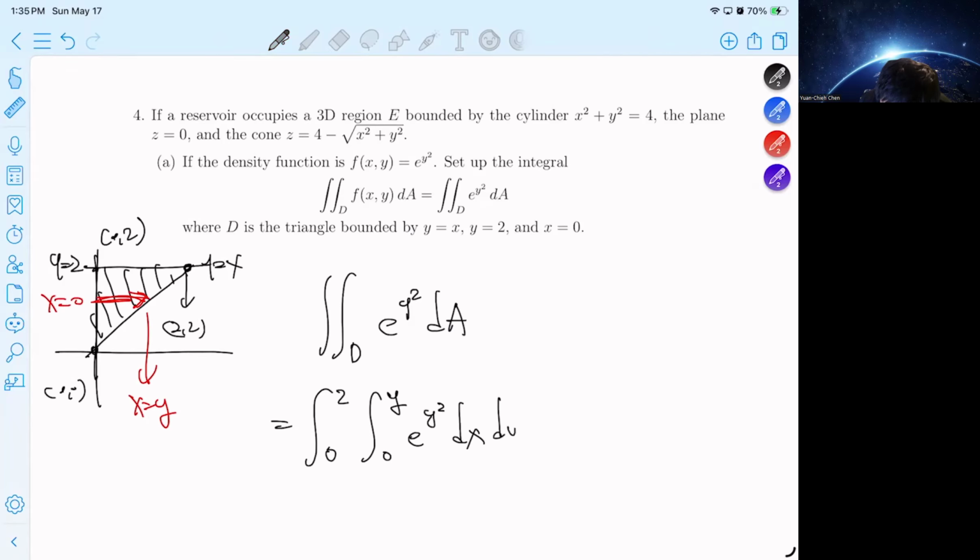So this is the setup, but the actual calculation is easy since this will just be the integral from 0 to 2 of y e to the y squared dy, and we can easily do u sub here. So u equals y squared and so on. Then you can calculate the integral. I'll leave that to you. It's not too bad. That's it.